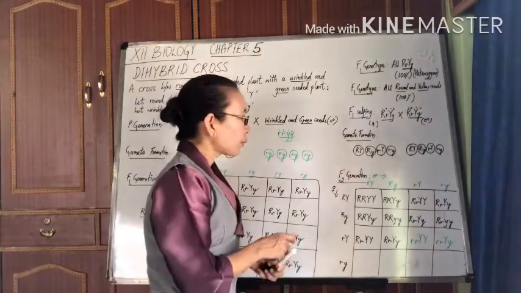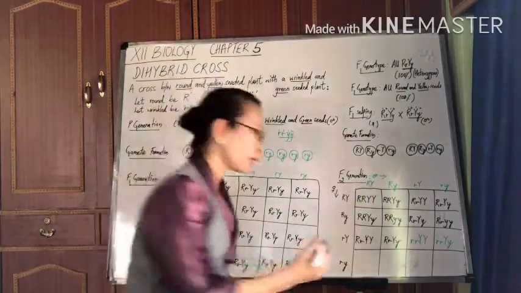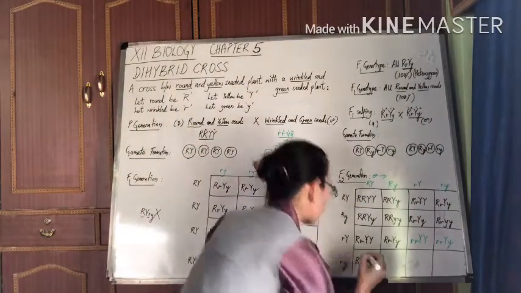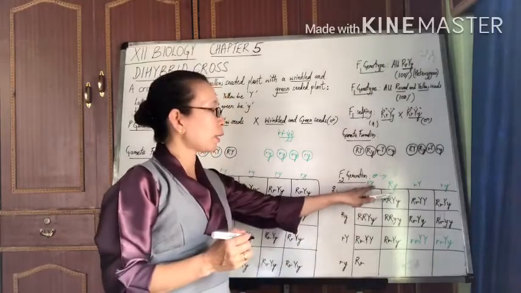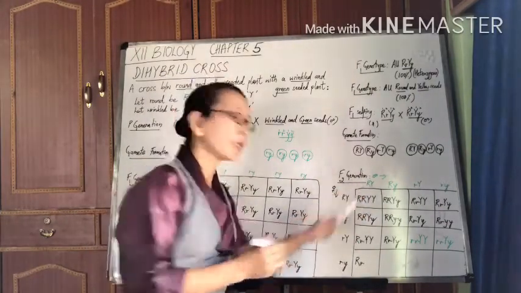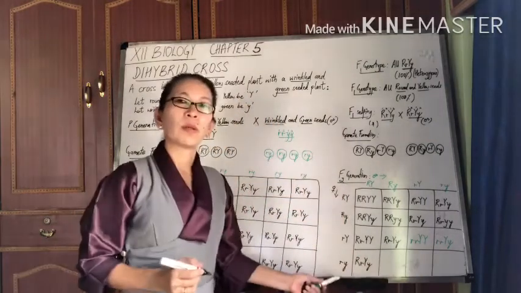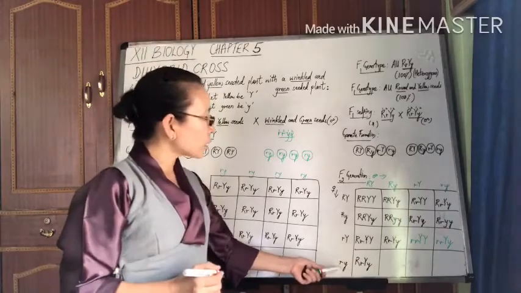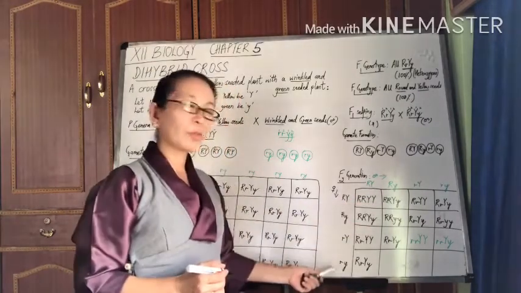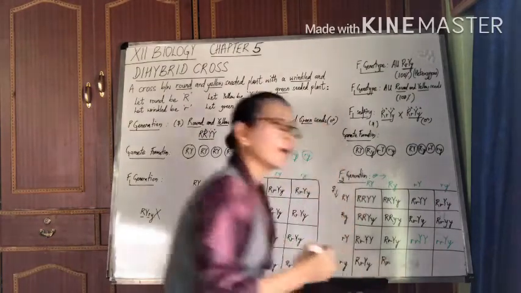We have capital R, small r, capital R. But we need to be writing capital R, small r. And then it is capital Y, small y. Even though it is small y, capital Y, I'm going to be writing capital Y, small y. Then next one, small r, capital R, or it has to be capital R, small r.